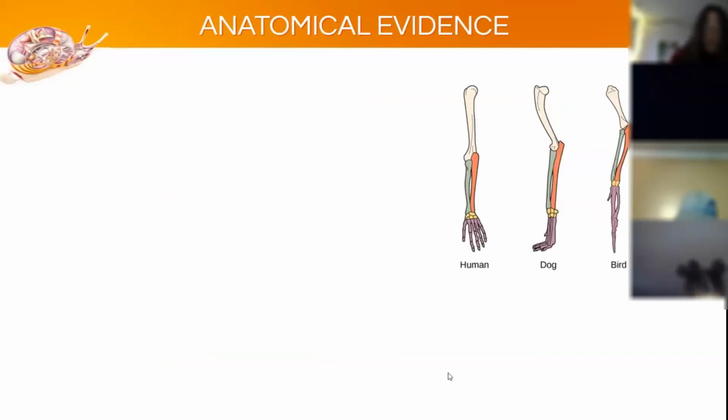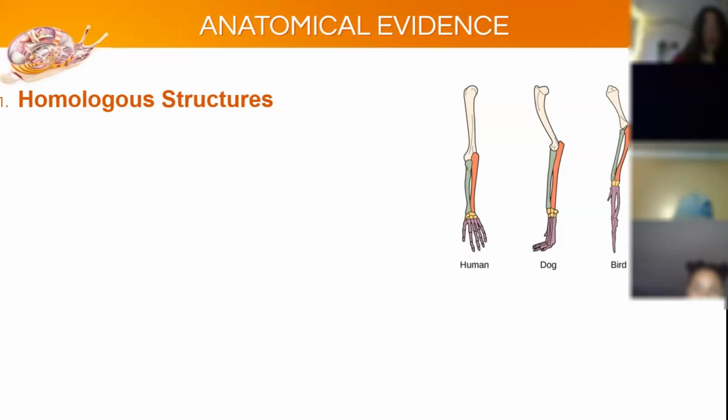So that moves us into the anatomical evidence where we talk about homologous structures. So we are all related, and we know this because we have similar structures, right? And I think a key when you're doing evolution questions, if you can recognize the more similar 2 things are, the more closely related they are.